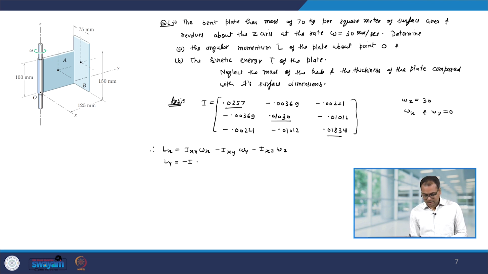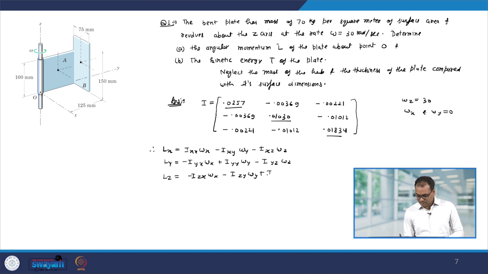Ly is minus Iyx omega x plus Iyy omega y minus Iyz omega z, and Lz is minus Izx omega x minus Izy omega y plus Izz omega z. Okay. Now, the values of omega x, omega y and omega z are known, and also the moments of inertia and the products of inertia.